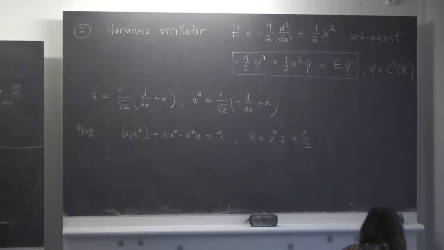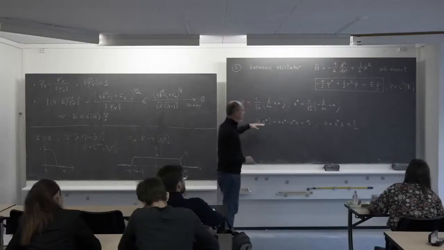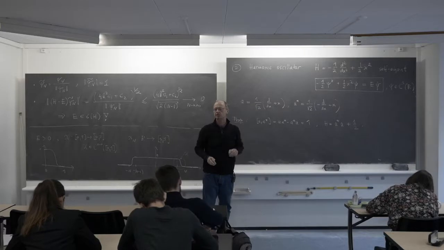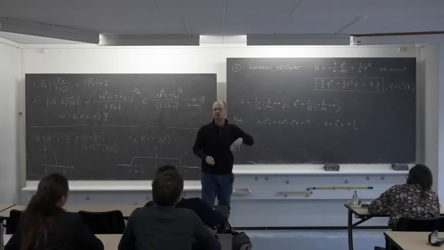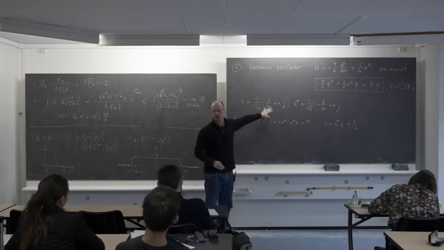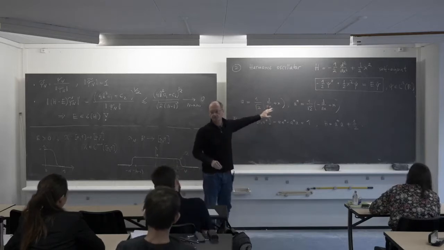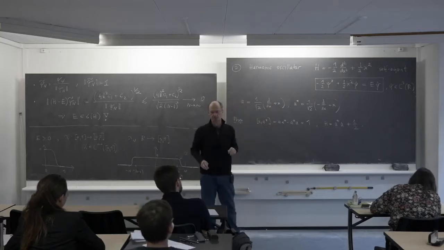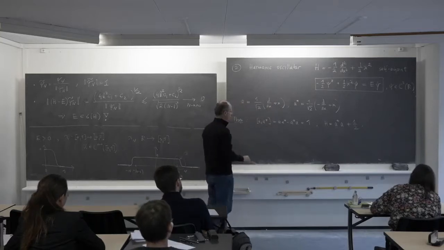Now note that at the moment I'm thinking about those operators defined on something like C2 or maybe C infinity or maybe Schwartz class. So I don't think about the real domain of definition. So I'm thinking of it as a differential equation. So I'm not thinking about it spectrally.